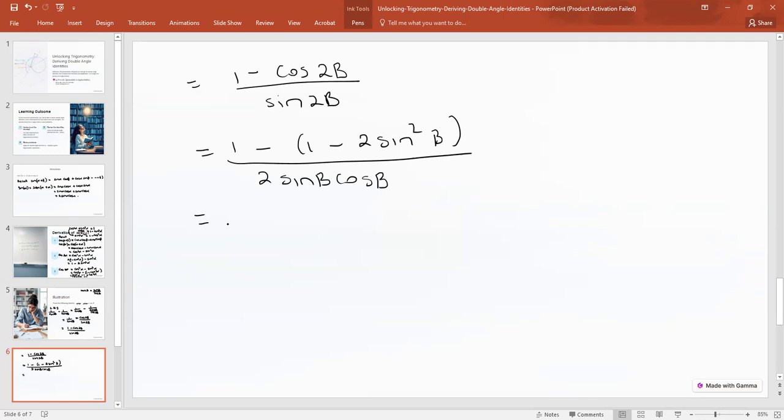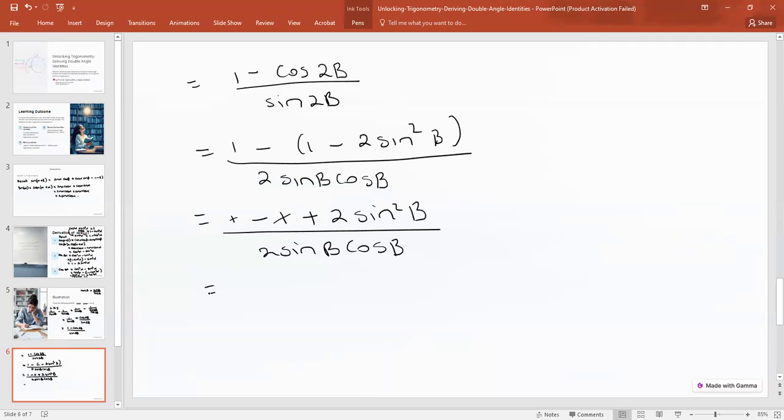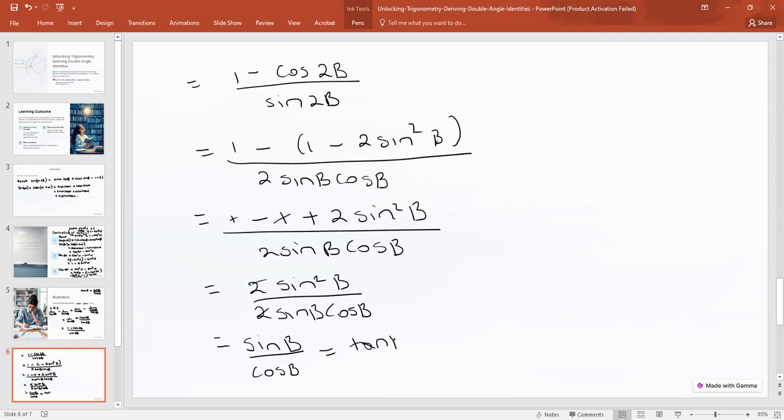If you open up the brackets, we are going to have 1 minus 1 plus 2 sine squared b over 2 sine b cos b. This cancels, this cancels. What do we obtain? 2 sine squared b over 2 sine b cos b. These two cancel, one sine cancels with the other sine in the denominator, and we are going to have sine b over cos b, and the final outcome is tan b.